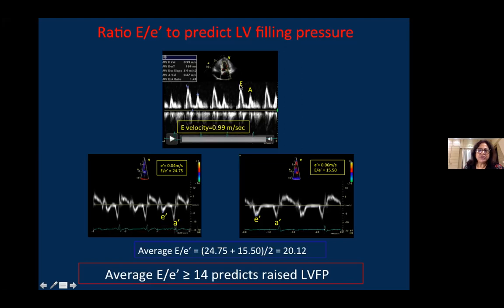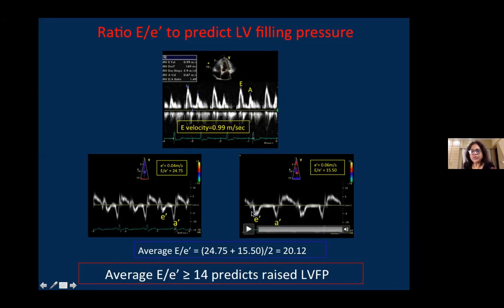And the machine does everything, but we have to know the E by E prime ratio. Now here we get it's 24.75. So E by E prime at the septal annulus is 24.75. Now let us move to the lateral annulus.